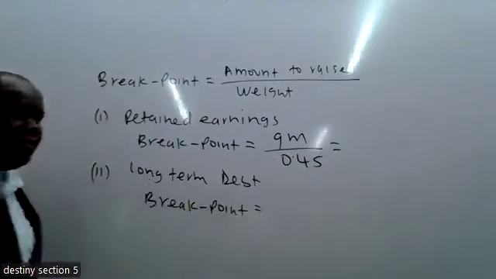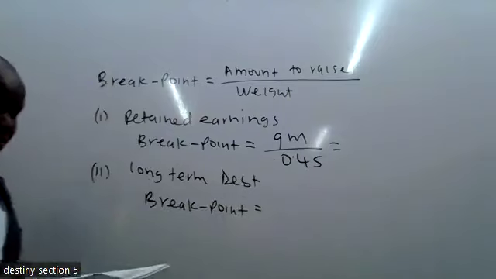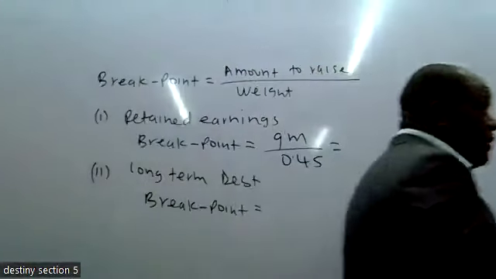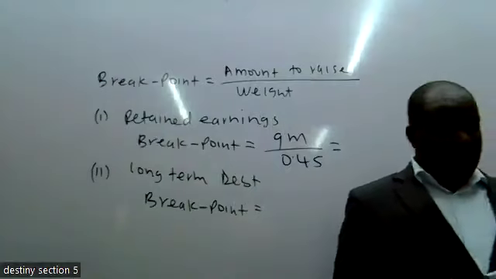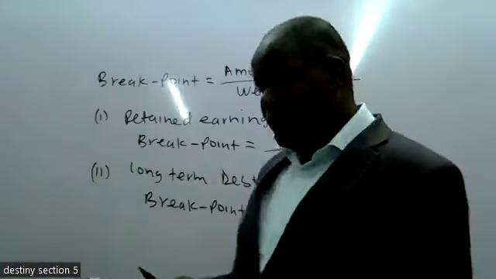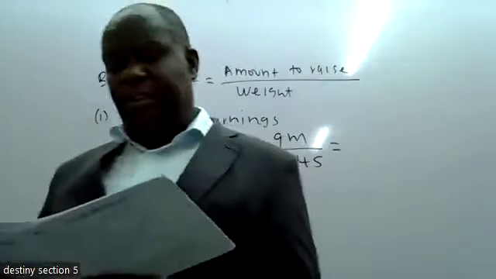one, amount to raise from the debt, you got the note number 3, where they have stated that issue of the new ordinary shares will attract a flotation cost of 4.6 per share.